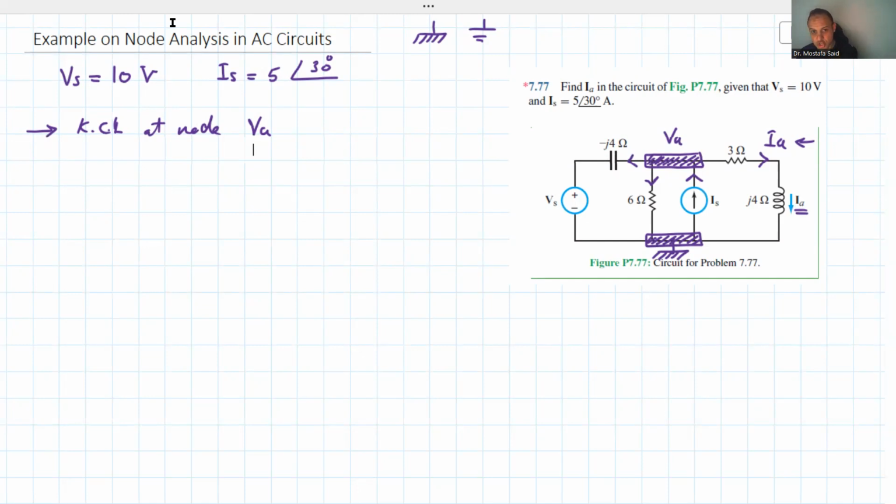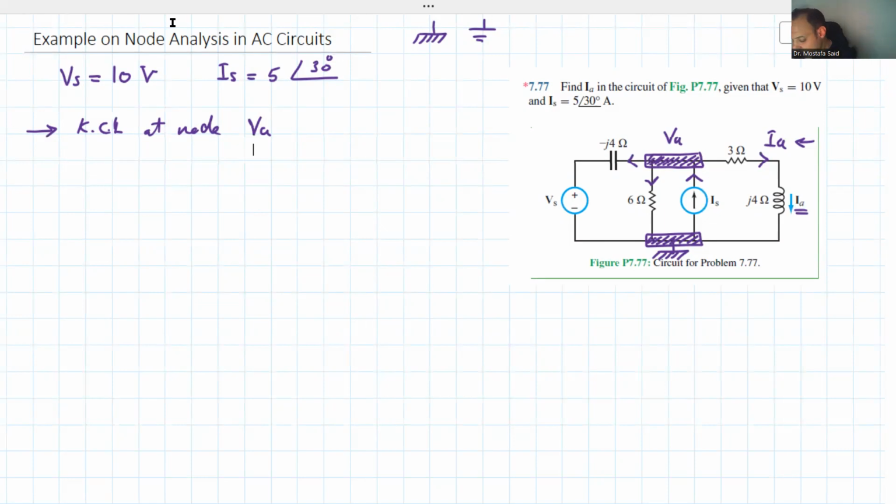The amount of charge that flows into the node equals the rate of charge that comes out of the node. And rate here is a very important word. Rate means the amount of charge, coulombs per second, which is current. Basically, the sum of the input currents equals the sum of the output currents. That's it. So let's apply this.